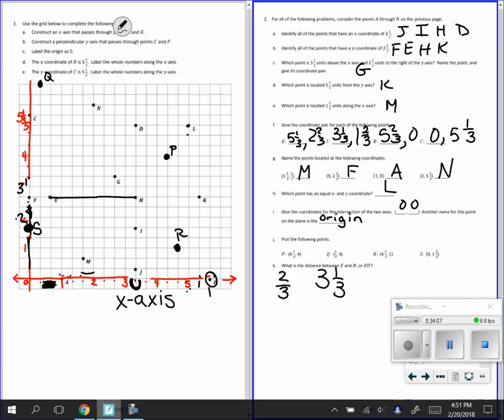And the distance between the 2 points would be 2 and 2/3.